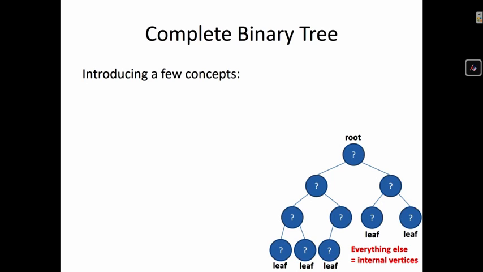But before that, let's do some revision for those of you who have taken 1231. Those who have not taken 1231, then this is a new concept. What is a tree?